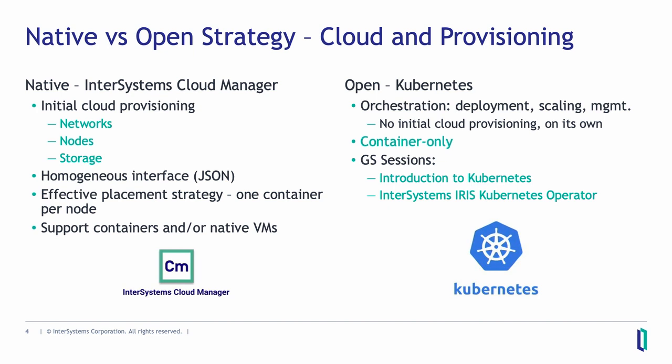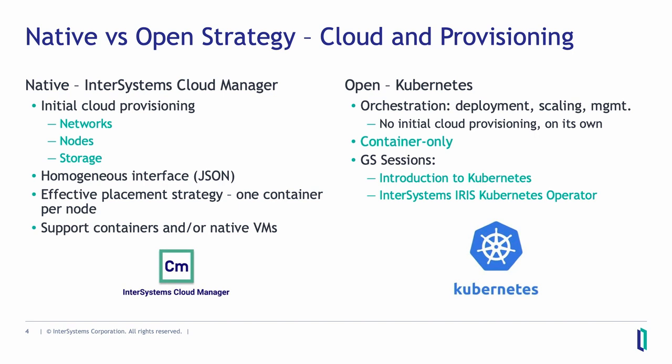ICM is great if you aren't using some other cloud provisioning or orchestration tool, you want to do something quick, either locally on your laptop, if you have Docker already installed, or you want to play around provisioning something out in Amazon or Google, Azure, whatever.